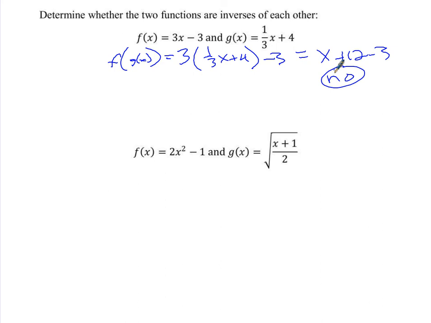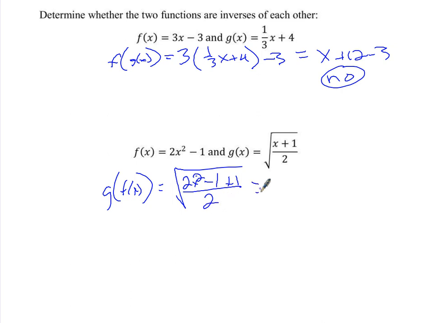All right, how about that second one? What do we do? Try g of f first, just for fun. Okay. 2x squared minus 1.